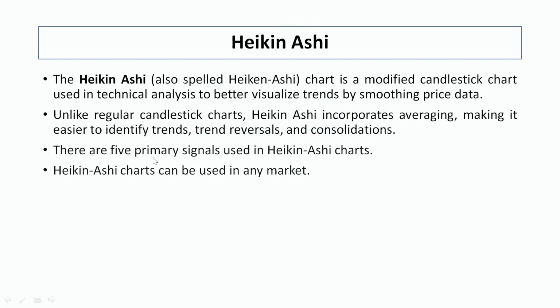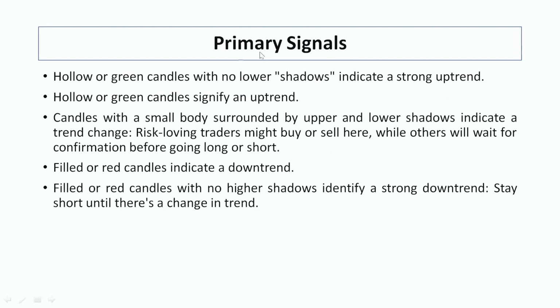There are 5 primary signals used in Heikin Ashi charts, and this can be used in any form of market. Primary signals are: hollow or green candles with no lower shadows indicate strong uptrend. Hollow or green candles signify uptrend. Candles with small bodies surrounded by upper and lower shadows indicate a trend change.